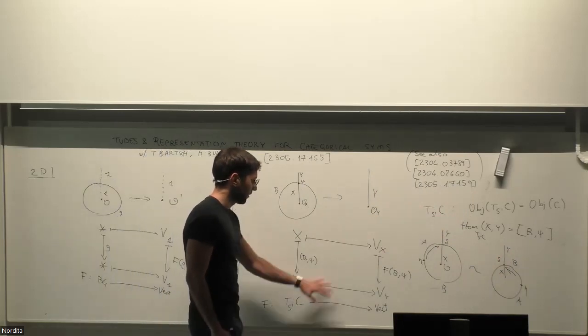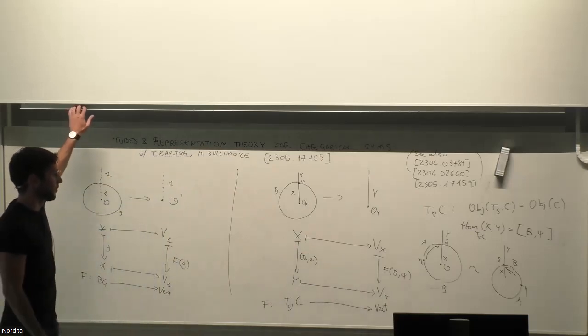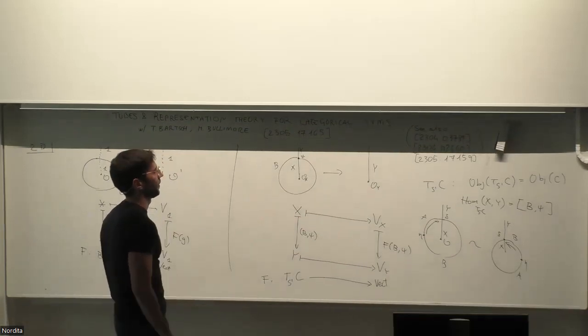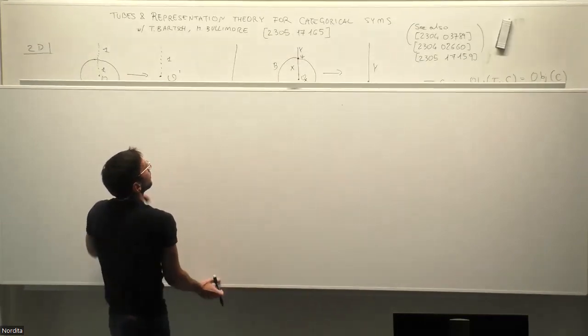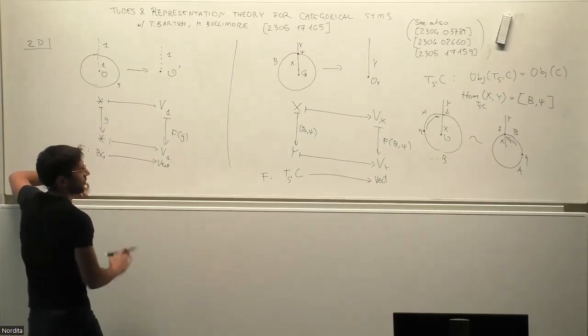Okay, besides this detail, what it turns out is that indeed we are able to define such a category. And we find that the representation theory for these categorical symmetries in 2 dimensions is described by this sort of functors. Okay, so now let me try to answer a question, which is the following.